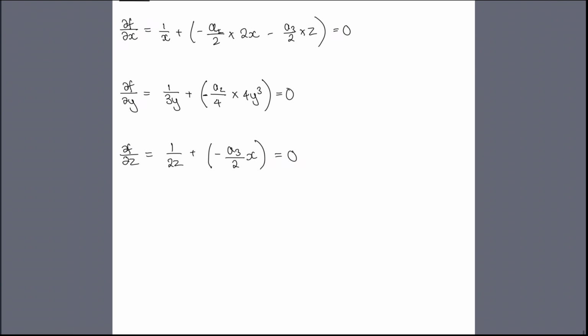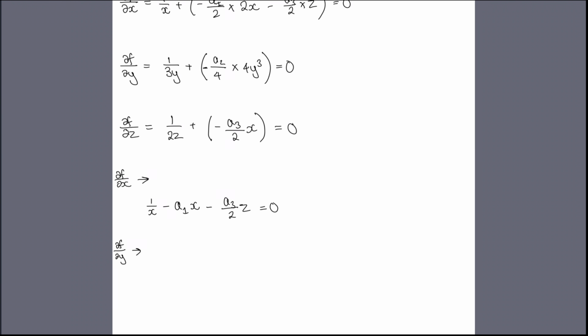And so we get 1 over x minus a1x minus a3 over 2z is equal to 0. Over here we get 1 over 3y minus a2y cubed is equal to 0.